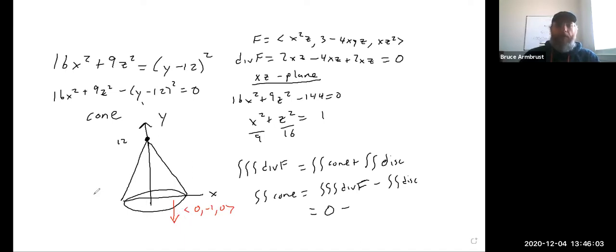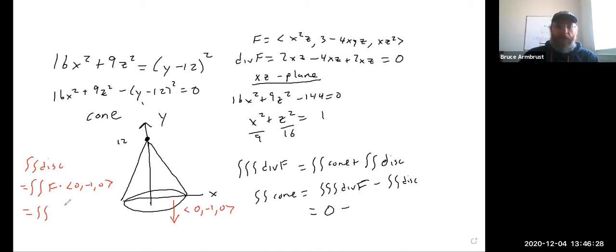Okay, so for that, I guess we're doing the integral of the disk. So it's going to be the double integral of the field dotted with 0, -1, 0, which gives us, if we come back and we dot with this guy, we're going to get 0.